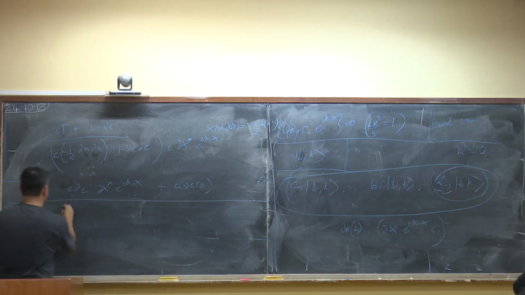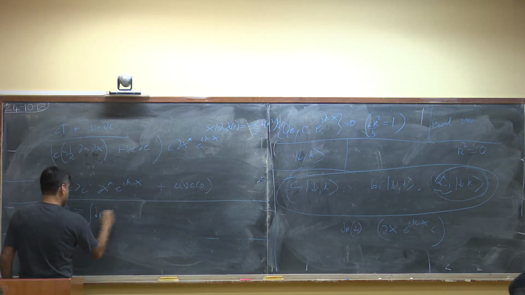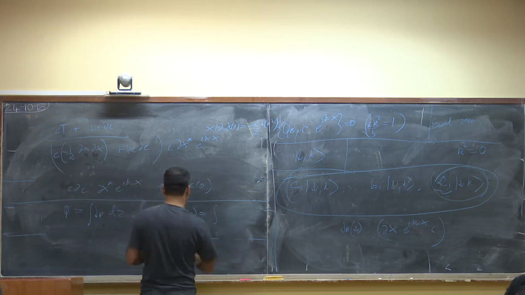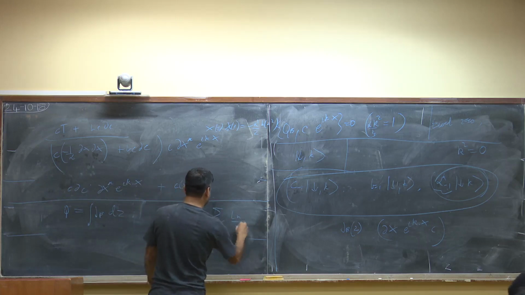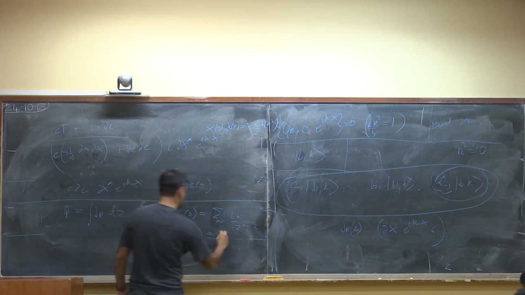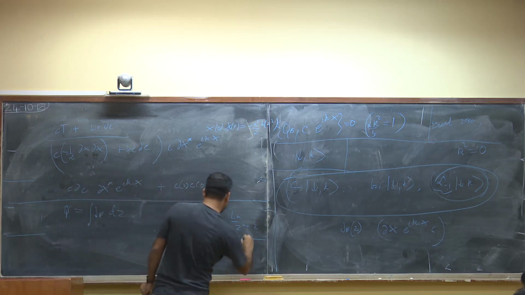What I'll do, which is much more efficient, is the following. I will take Q as the contour integral of j B dz. And then I will write T of z equal to the sum over m of Lm by z to the power m plus 2. I'll write C of z equal to the sum over m of Cm by z to the power m minus 1.